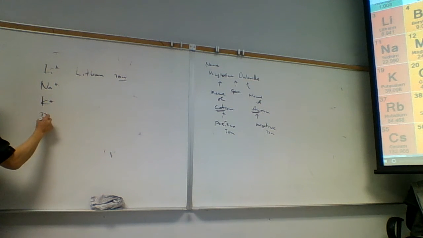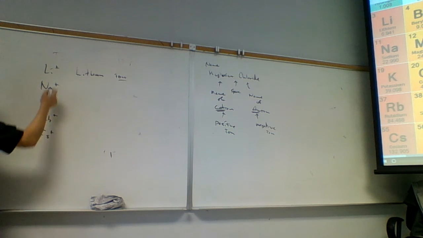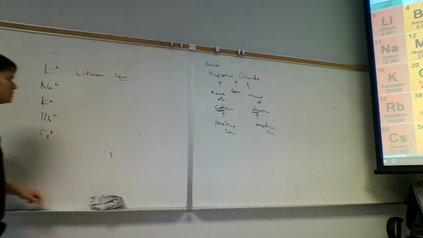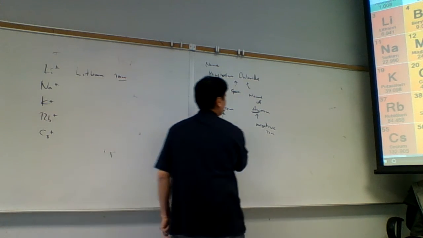Potassium, rubidium, cesium. All these form +1 ions. And so that's why we call them monatomic cations with fixed charge. Fixed charge means they always end up being the same charge. Lithium always ends up +1, and sodium, potassium, rubidium, cesium all follow +1.